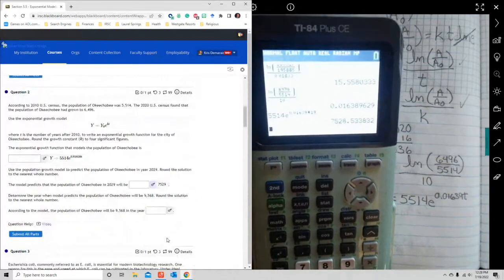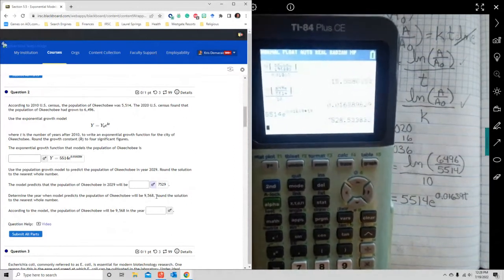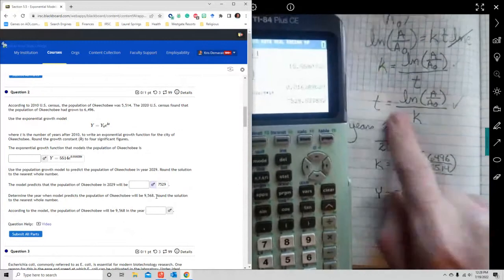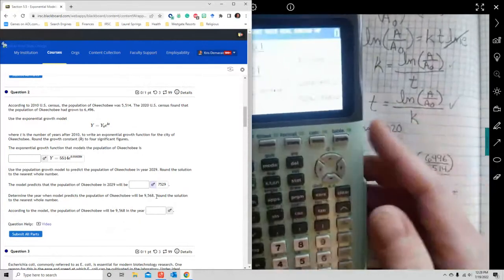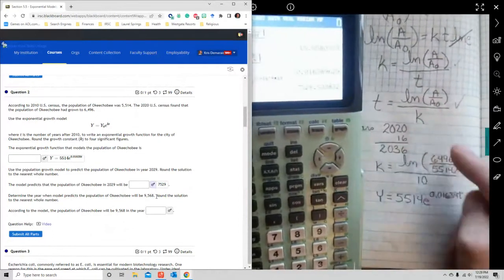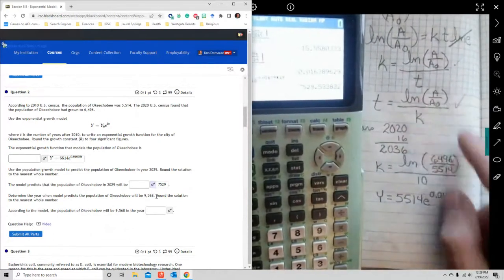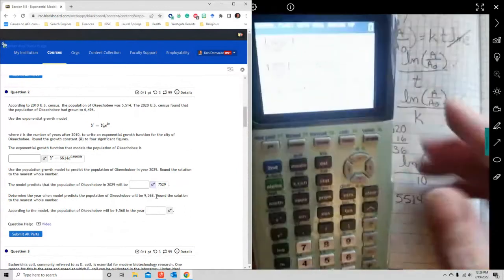Now it says determine the year that the model predicts the population of Okeechobee will be 9,568. So what we're doing again is modeling this, and we're now having the projected value A as a new number, 9,568.